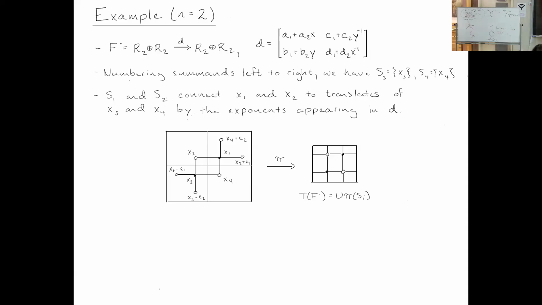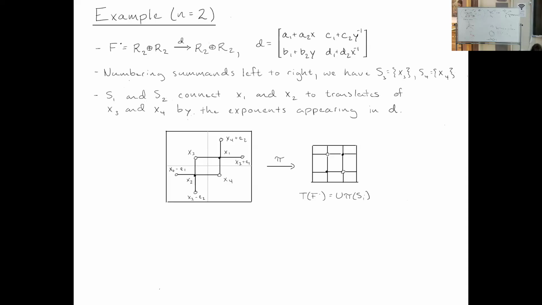And then the sets S1 and S2 you build by looking at the exponents in that matrix. Specifically, if you unwound what we were looking at, it would say to build S1, take x1 and connect it to some translates of S3 and S4, which are just points, by the entries in the first column. So in that matrix it's like column 1, column 2, row 3, row 4. Column 1, row 3, I see a1 plus a2x.